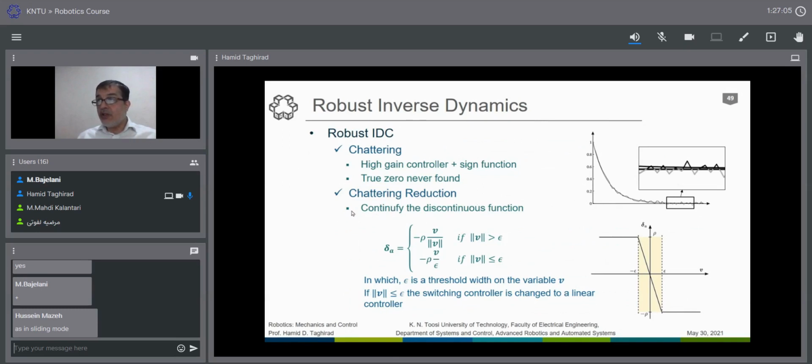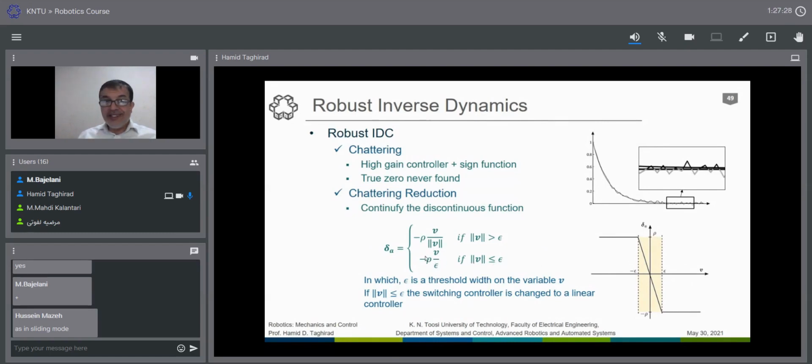But what we usually do is continuify it. Instead of having on and off like V divided by its norm, very close to 0, with a threshold, we consider a small epsilon here, and delta with the rho variable here.